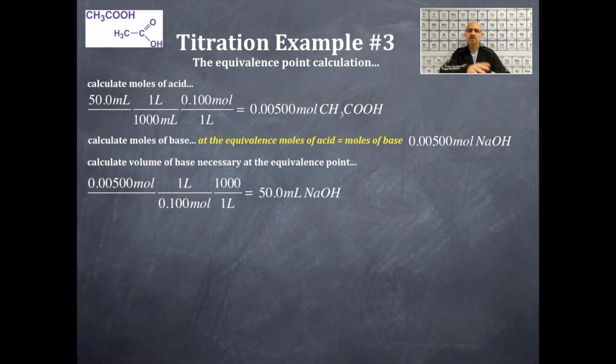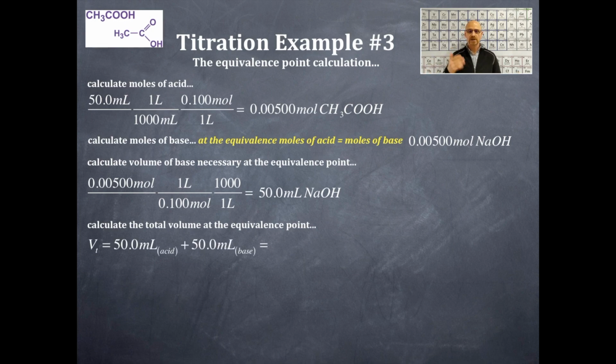So without doing this calculation, you could have understood that conceptually, and now you know how to do it mathematically. Since the molarities of the acid and the base are the same, the volumes will be the same at the equivalence point only.